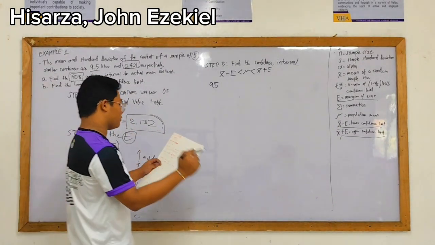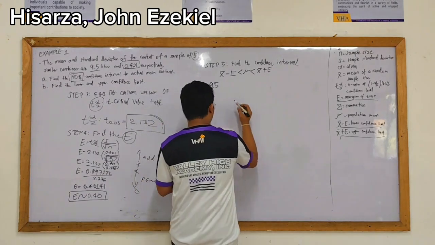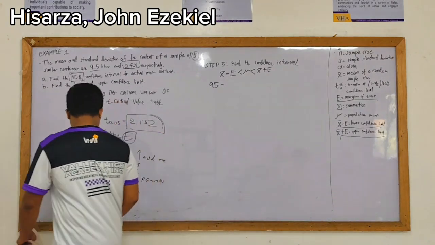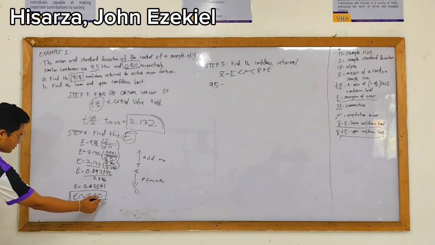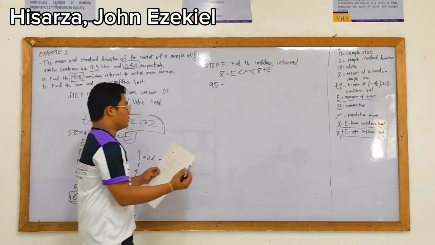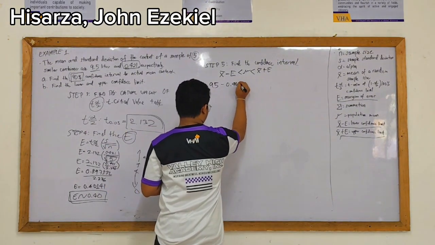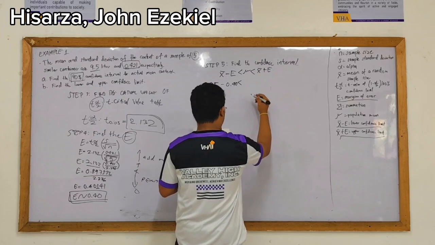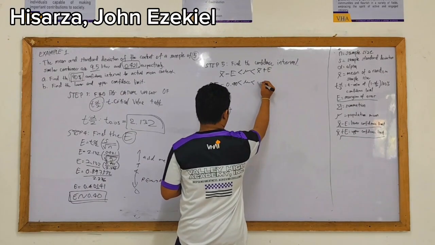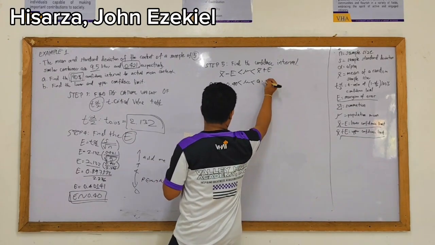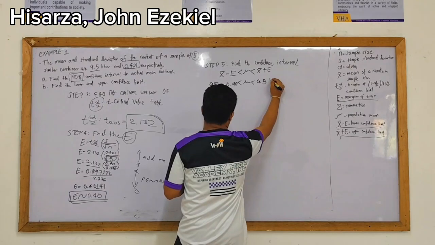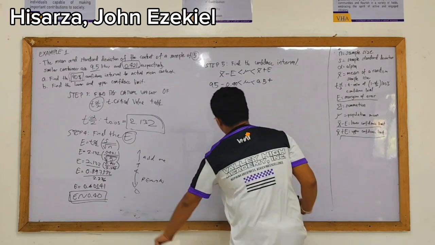So 9.5 minus our margin of error, which is 0.40, is less than the population mean, less than 9.5 plus our margin of error 0.40.